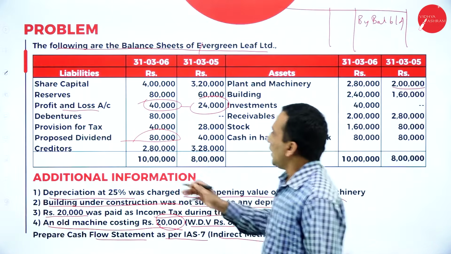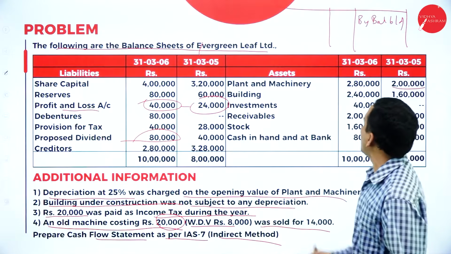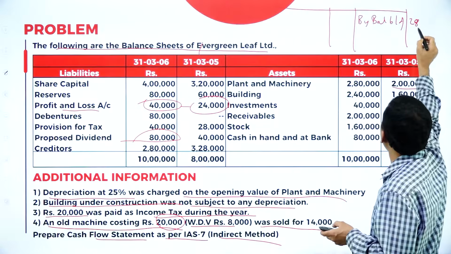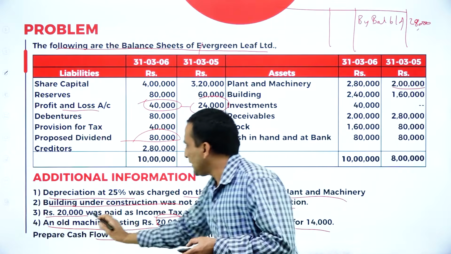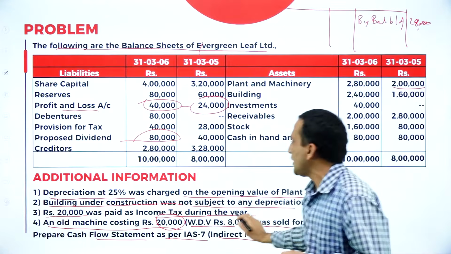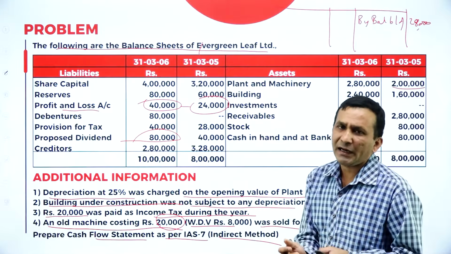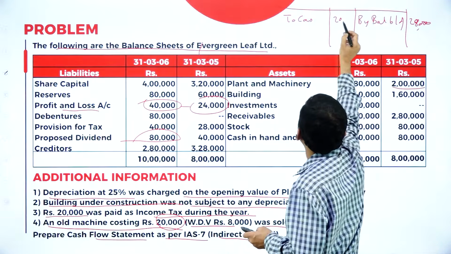So here the income tax opening date is given as 28,000. I need to write here 28,000. Now there is one specific adjustment given for income tax. At the time of creating for the current year, which is going for cash, it is 20,000.